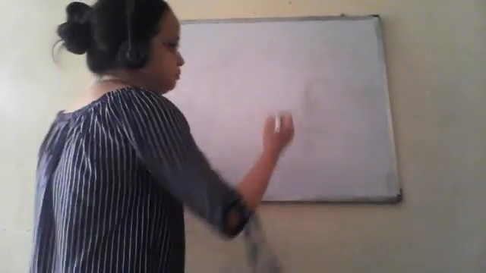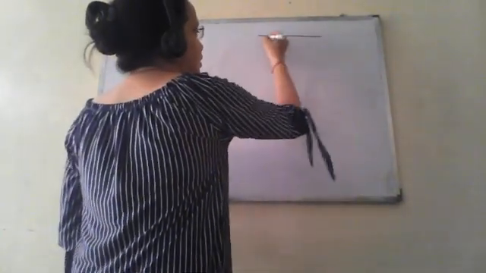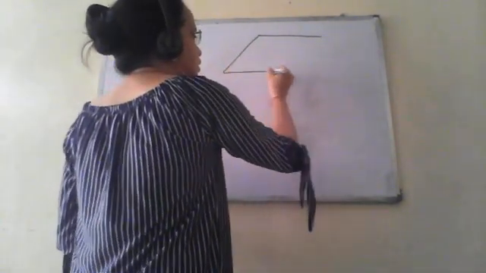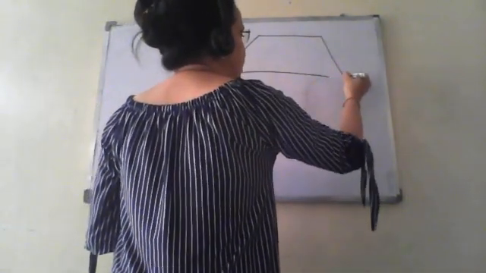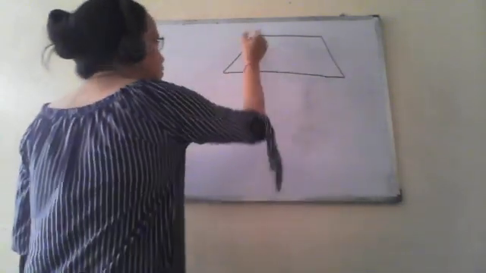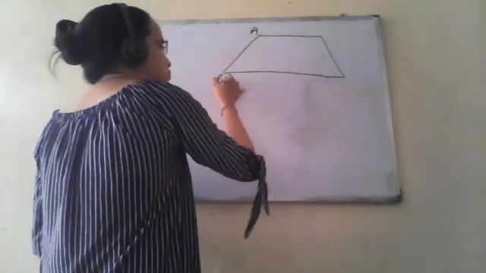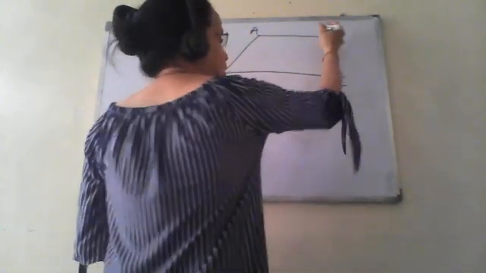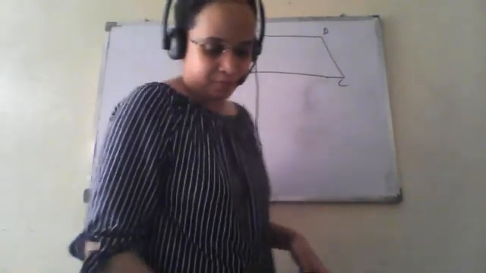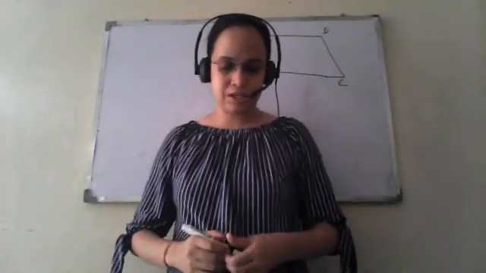Now, third question. The length of the fence of a trapezium shaped field ABCD is 120 meter. So first we draw a trapezium. This is A, B, C, D. The length of the fence of the trapezium shaped field is 120 meter.